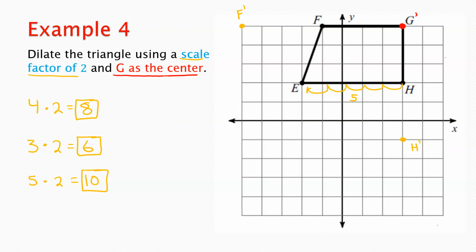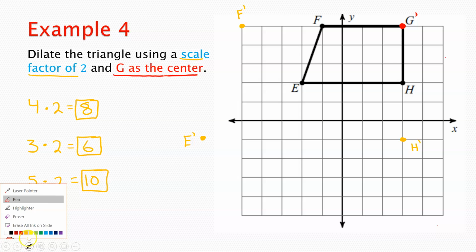We're going to go way down here, 1, 2, 3, 4, 5, 6, 7, 8, 9, 10. We're going to be a little bit out of our graph over here. Notice how that length went from 5 and it doubled by a scale factor of 2, so it is now 10. If you put all of this together, this is E prime, by the way.